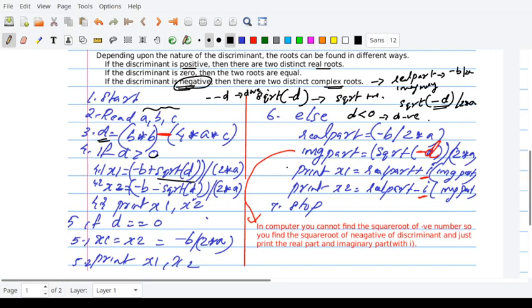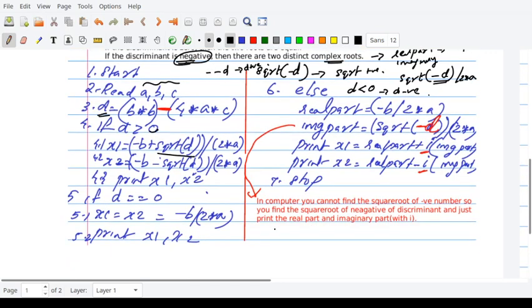Then in your computer program there is no means to calculate this imaginary part. You will just print your two complex roots, that is x1 is equal to real part plus i, in brackets the imaginary part, and x2 is equal to real part minus i imaginary part.